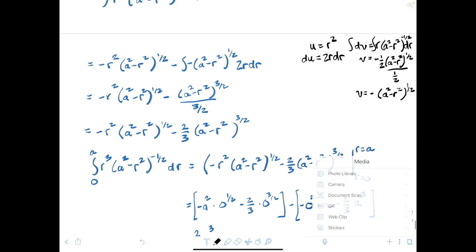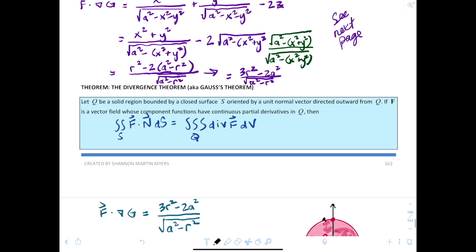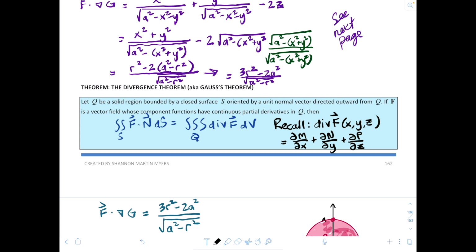Recall that the divergence of F at x, y, and z is equal to the first partial of m with respect to x plus the first partial of n with respect to y plus the first partial of p with respect to z.